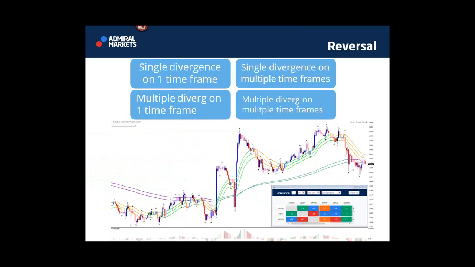Now, as I said, single divergence on one time frame is interesting, but if you have multiple divergences on one time frame, it's stronger. If you have a single divergence on multiple time frames, wow, that's even stronger again.